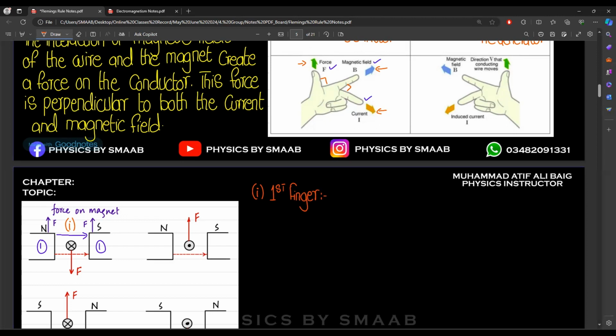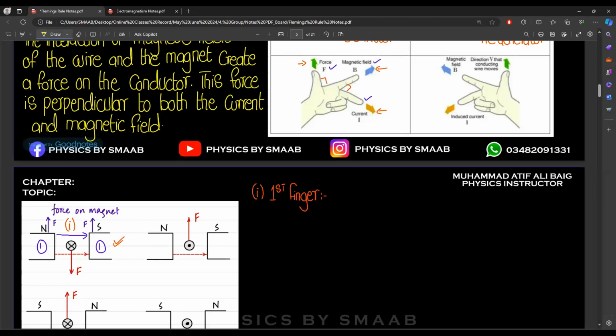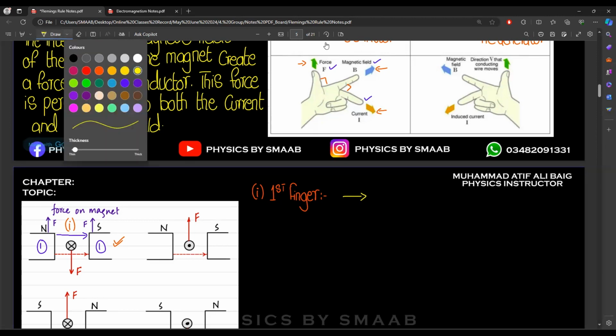So for the first diagram, if you want to use the left hand rule, we have to open up the first finger, and that first finger shows the direction from left to right. So you have to open up your first finger like this. And then we have the second finger. So the second finger is into the paper. Into the paper means what will be the direction of the second finger?